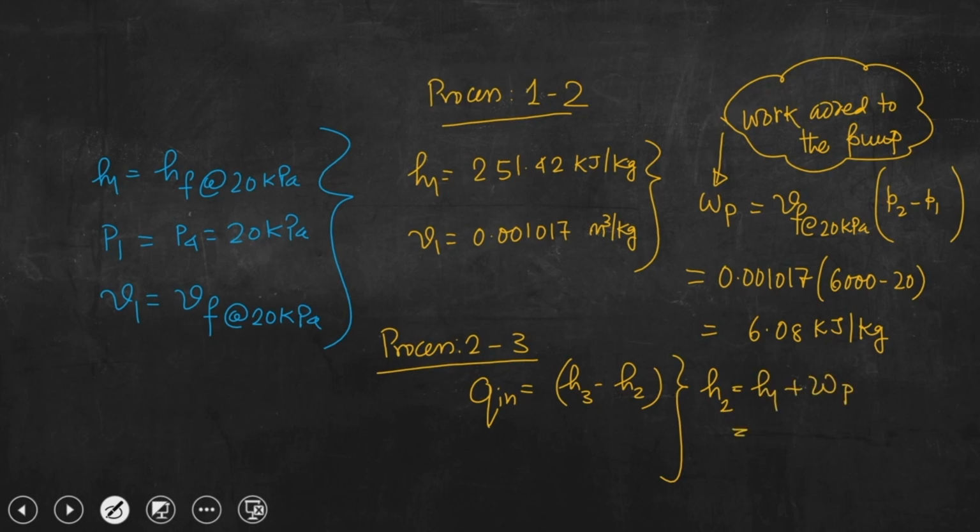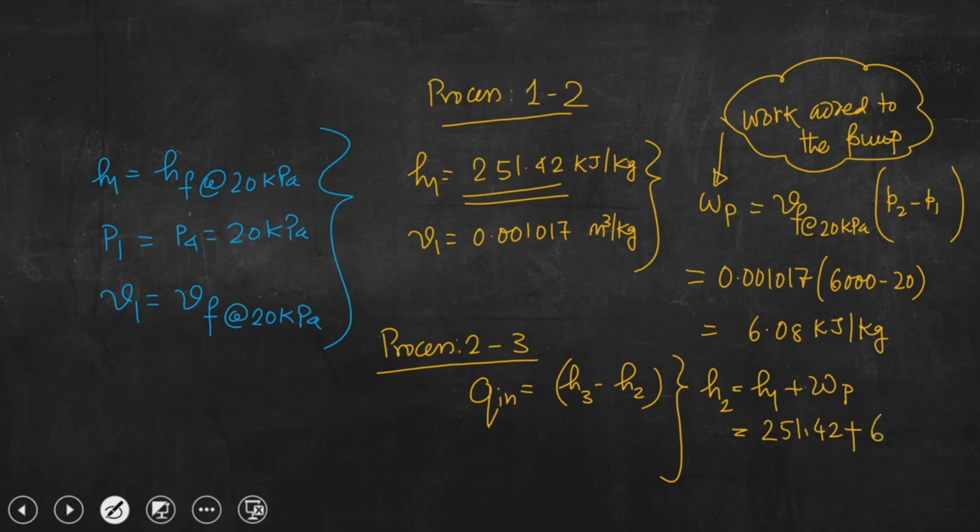H1 we already know, that is 251.42 kilojoule per kg. So this is 251.42 plus the 6.08 consumed by the pump for its operation.